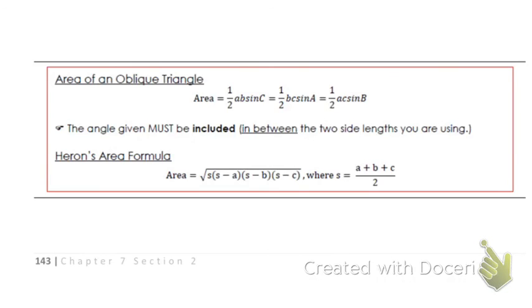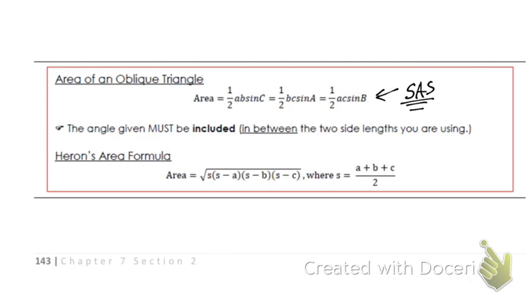However, in order to use this formula, you still have to have side angle side.